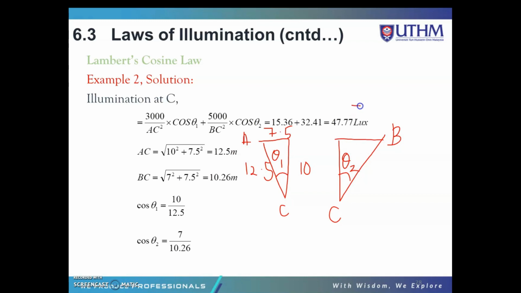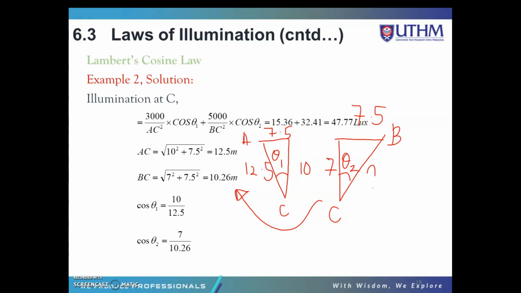From the previous figure, we have 7.5 here and 7 here. CB is found using this formula, and you get BC as 10.26 meters.